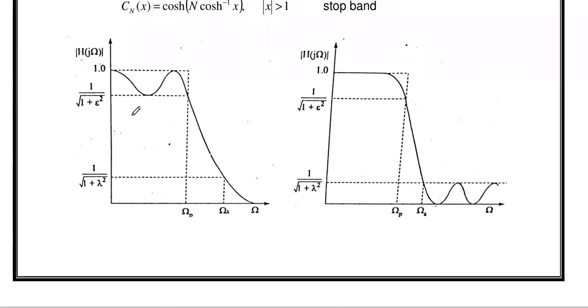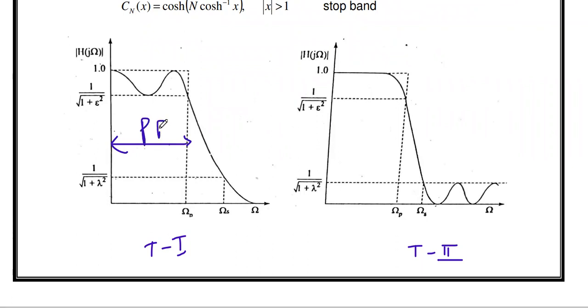Okay, and you see this is the magnitude response of the Chebyshev filter. This is type 1. This is the magnitude response of Chebyshev filter type 1. This is the magnitude response for the Chebyshev filter type 2. So in type 1, you see in pass band, 0 to the cutoff frequency, the magnitude response is having ripples.